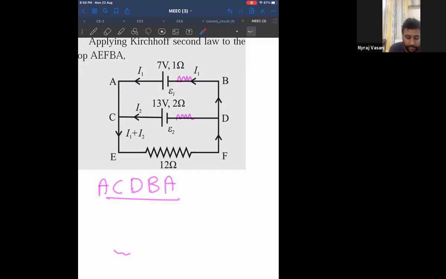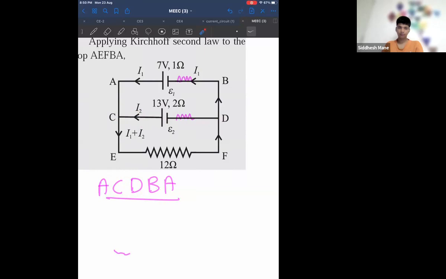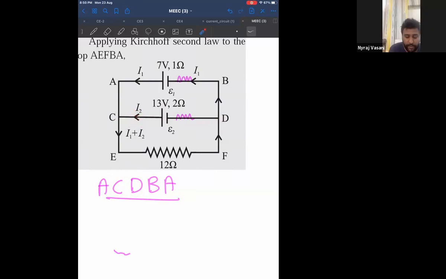Now let me go from C to D. A to C, there is nothing. Now, when I'm going from C to D, am I going with the direction of current or against the direction of current? My question number one. Tell me. Against the direction of the current. Therefore, what do I encounter first?